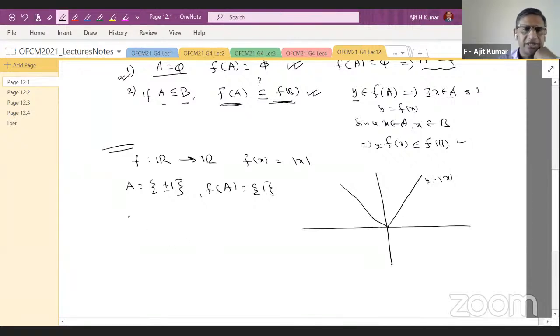Suppose you take A is equal to say -3 to 4. Can you tell me what will be f of A?